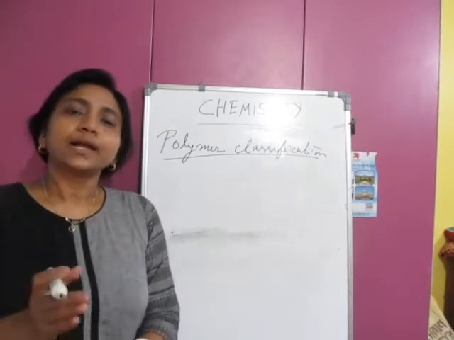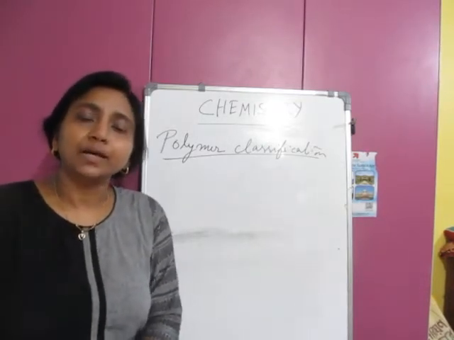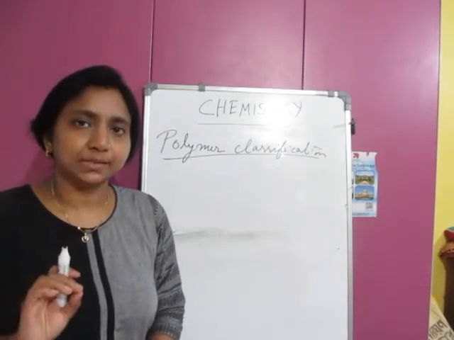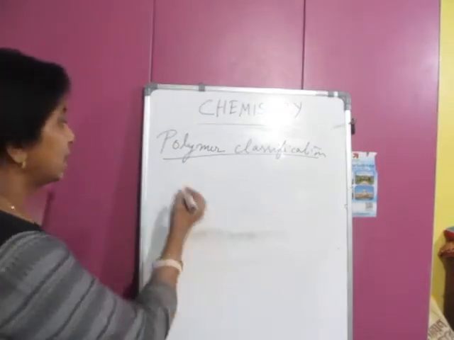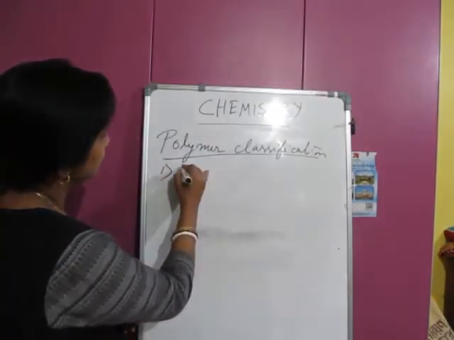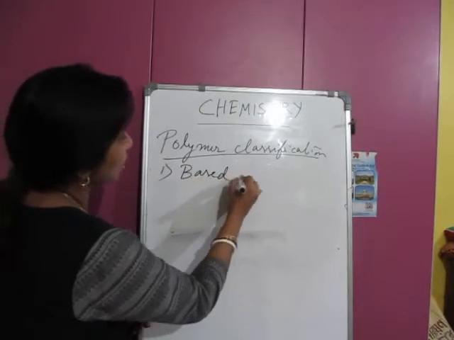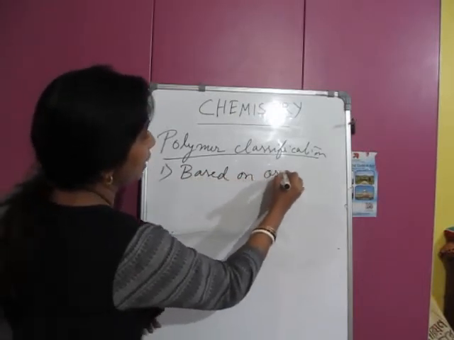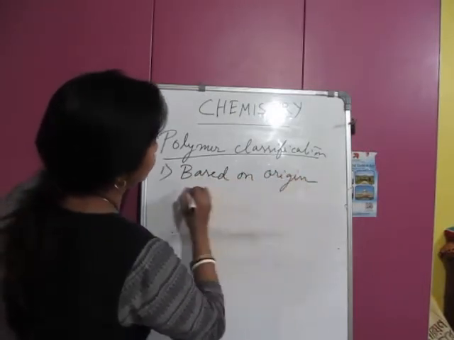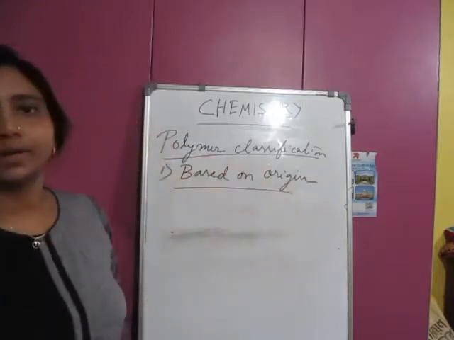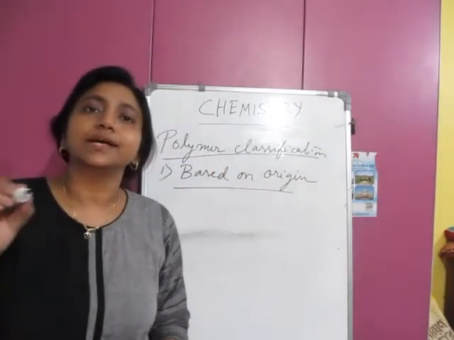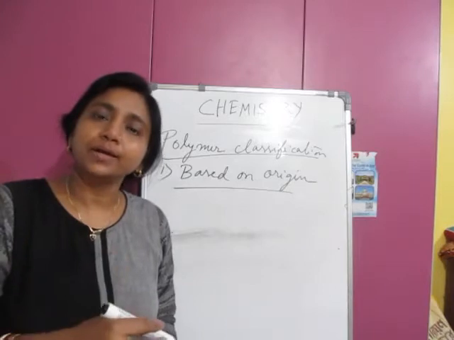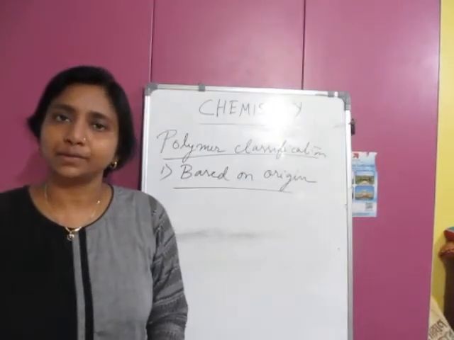So we can classify polymers on different bases. First I will tell about classification based on origin. Origin means the source from where we get the polymer.